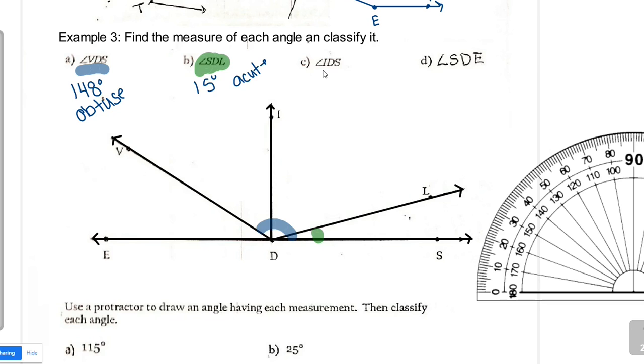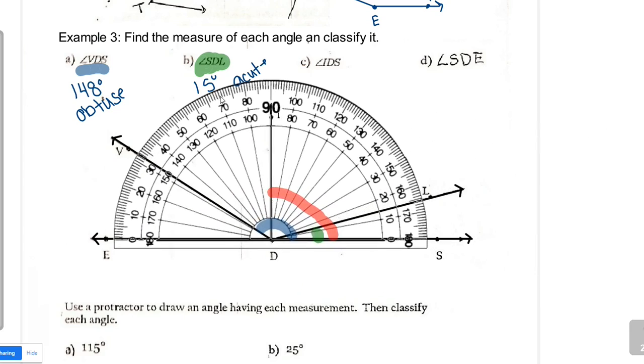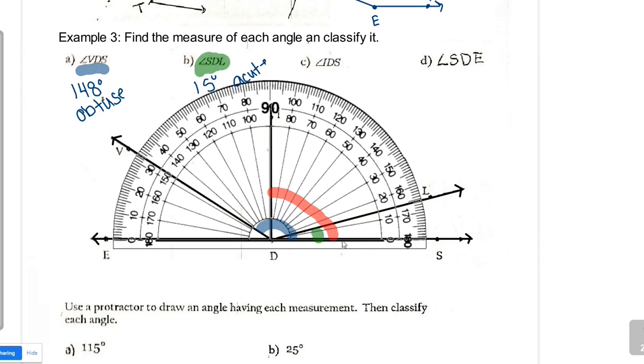Now we're going to do IDS. Let's highlight it from I to S. Now let's measure it. Line it up. So that is 90 degrees. It looked like 90 degrees, but we wanted to make sure it was truly a right angle, because they can look like it, but they can be off some.